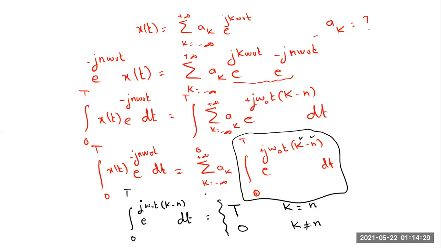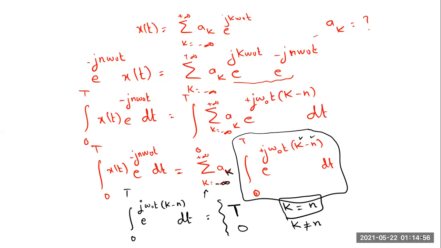So when we take the summation operator from minus infinity to plus infinity, the only non-zero value you will get is when k becomes equal to n. When k becomes equal to n, this ak will become an, and it will be multiplied with this. For all other values of k, the answer is 0.